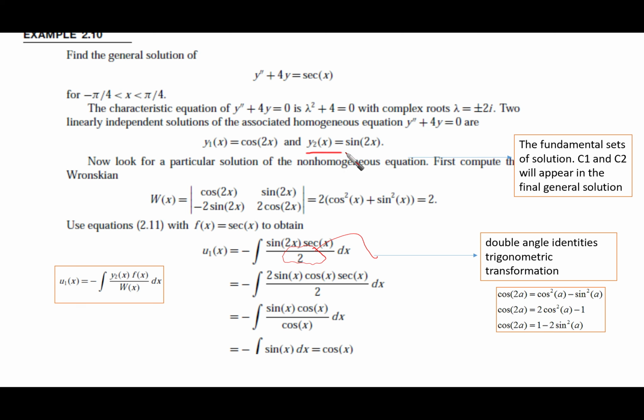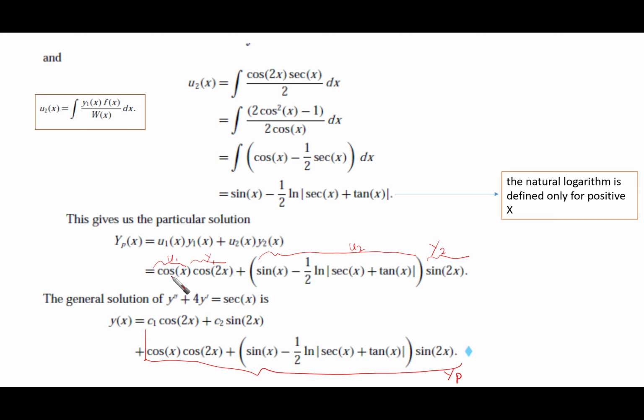Yes, this is u2, and this is y1 and y2, and this value is for u1. So now let's go here. Exactly. So we have this u1, and we have y1, which is cosine 2x, and we have here u2, which is already this long, the two terms here, we put them here, times sine 2x, which is y2.